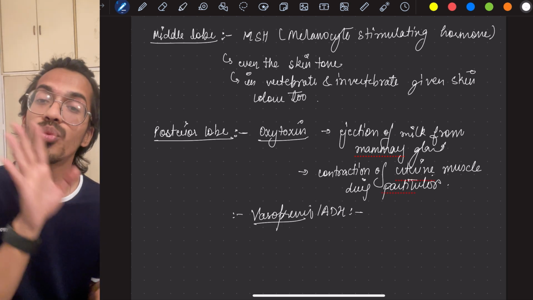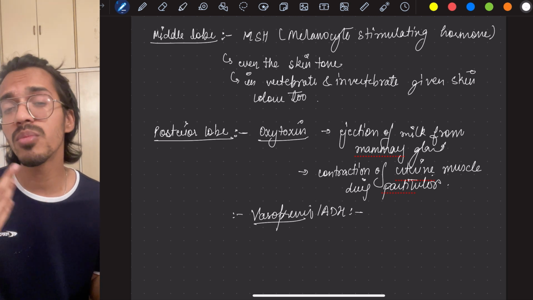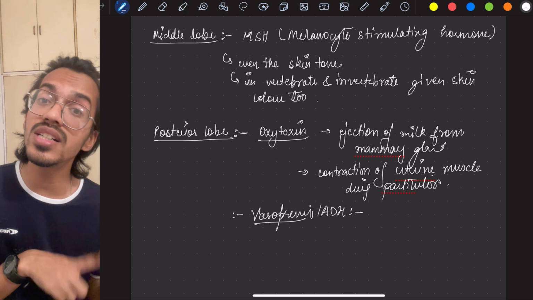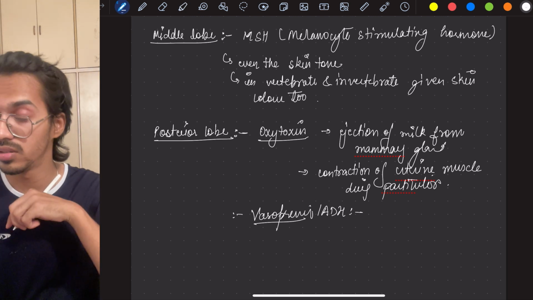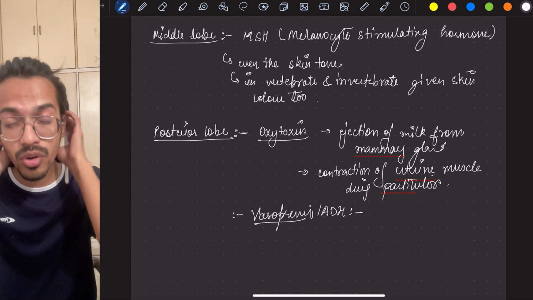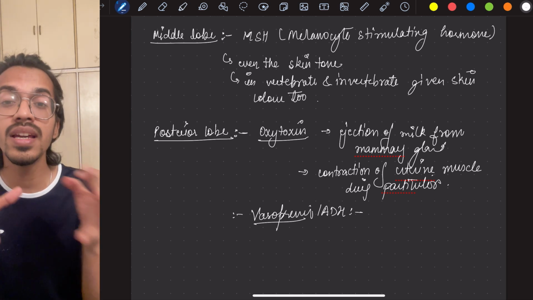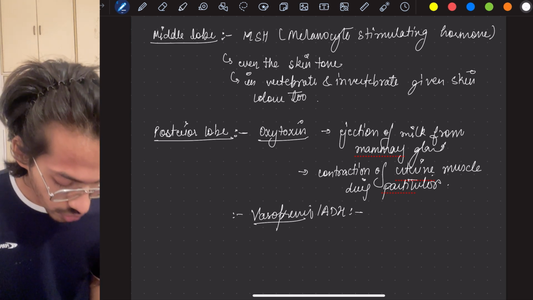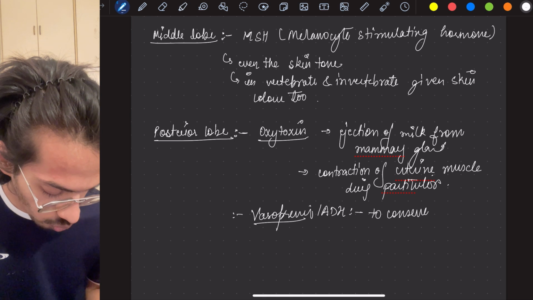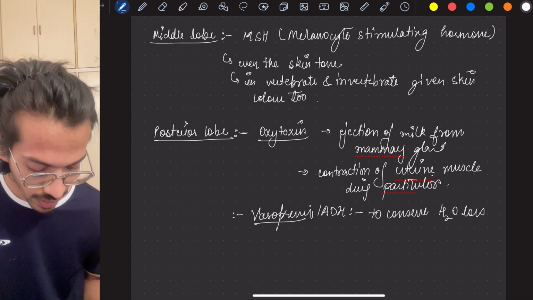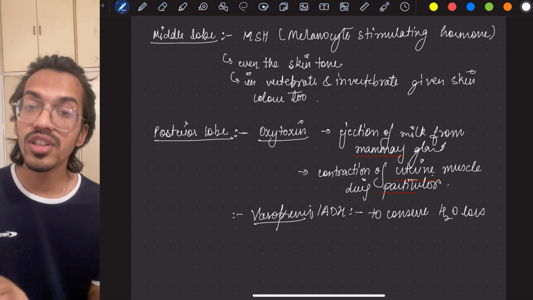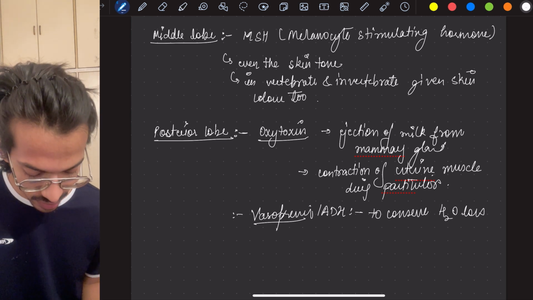It will be released when the person is suffering from loss of water, to reabsorb the electrolytes from the distal part of your nephrons, as well as cause the constriction of the arterioles. So it is to conserve water loss.